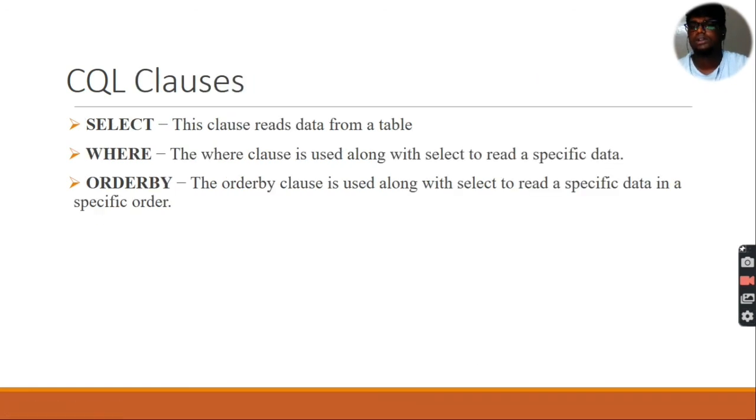Next, CQL clauses. There are three types: select, where, order by. The select clause is used to read data from the table.